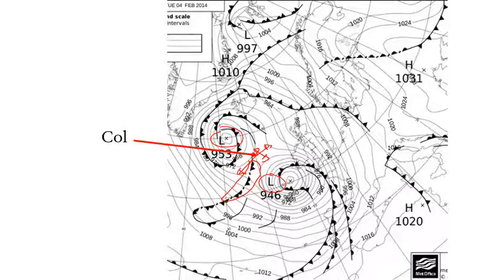For example, ito, high pressure area to. Siyempre ito, 1008 to 1012, ibig sabihin may high pressure area dito. So, the pressure areas are arranged alternatively at merong area sa gitna ng dalawang low pressure na yung isobar niya magkalayo. So, that is your col in the synoptic.